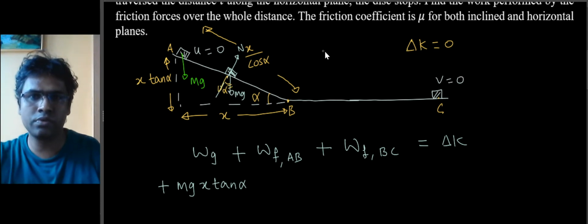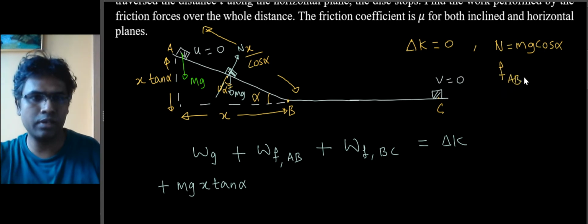So the normal force is mg cos alpha. Because the disk is sliding, the friction force while it is on the incline, let's say I'll write as FAB, is mu times normal, which is mu mg cos alpha.